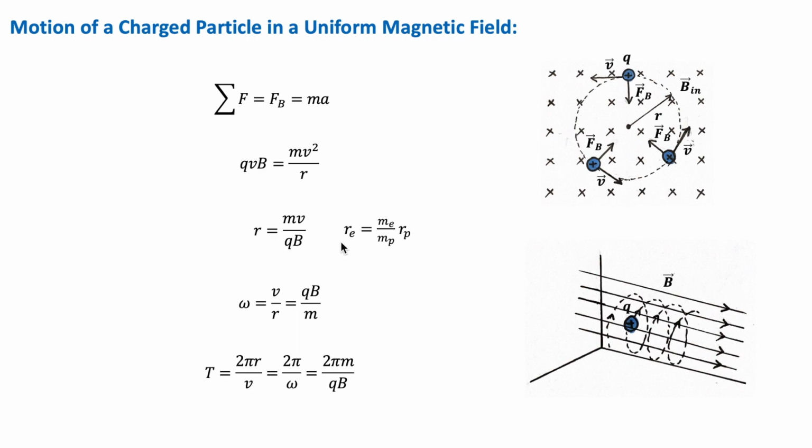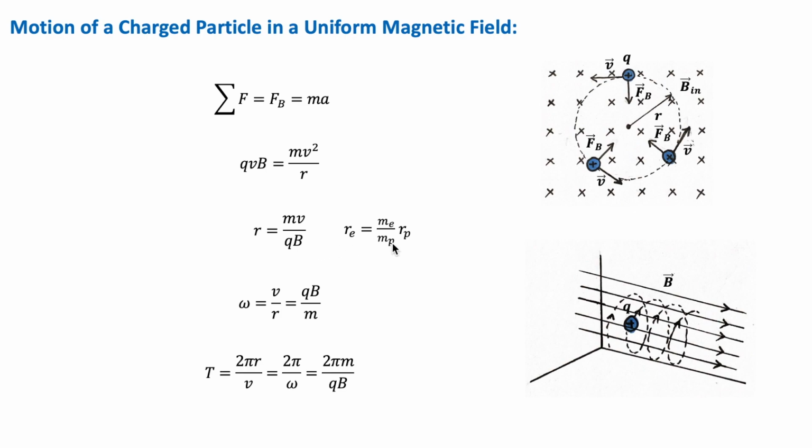So let's say, for example, we have a proton moving in a circular orbit with a certain speed in a uniform magnetic field. Then it will have a certain radius of orbit, rp, right? If an electron moves with the same speed as the proton in the same magnetic field, everything is the same except that the mass of the electron is much smaller than the proton, and we know that the charge of the electron is the same as the proton.